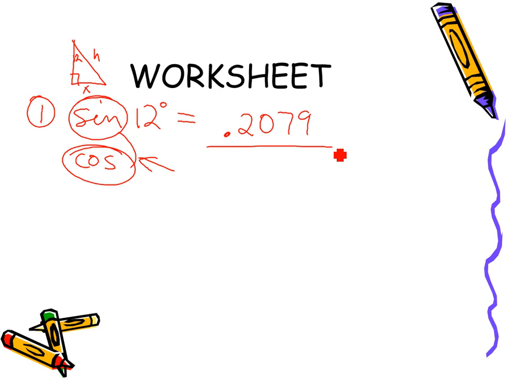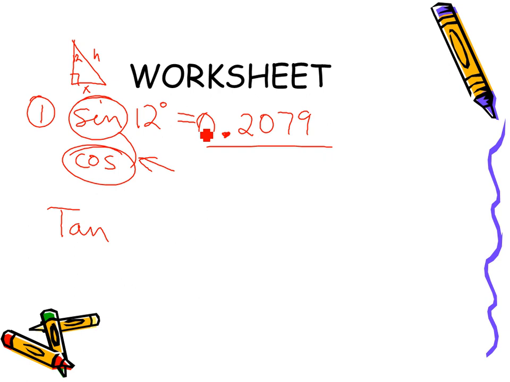If you come up with a sine or cosine that's something like 1.5, something's wrong. Tangent can be anything. Tangent could be 50.8. But sine or cosine always has to be a 0 out in front of that decimal. Can't be anything else.